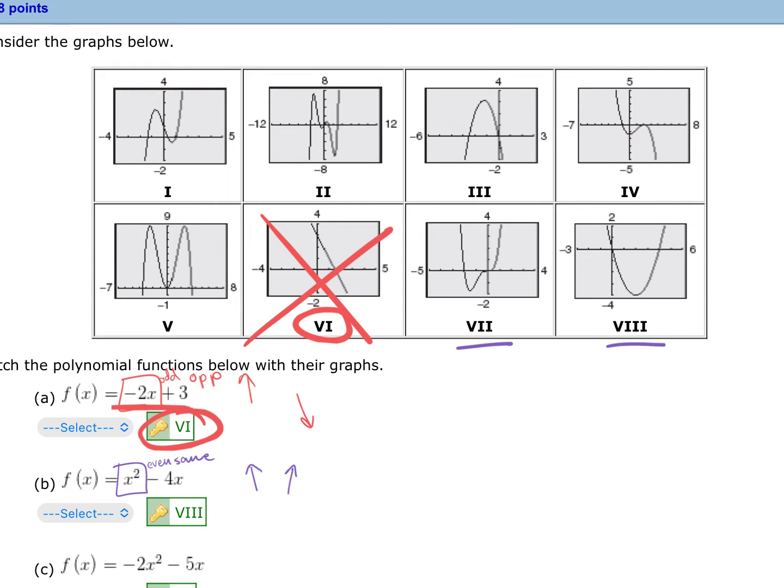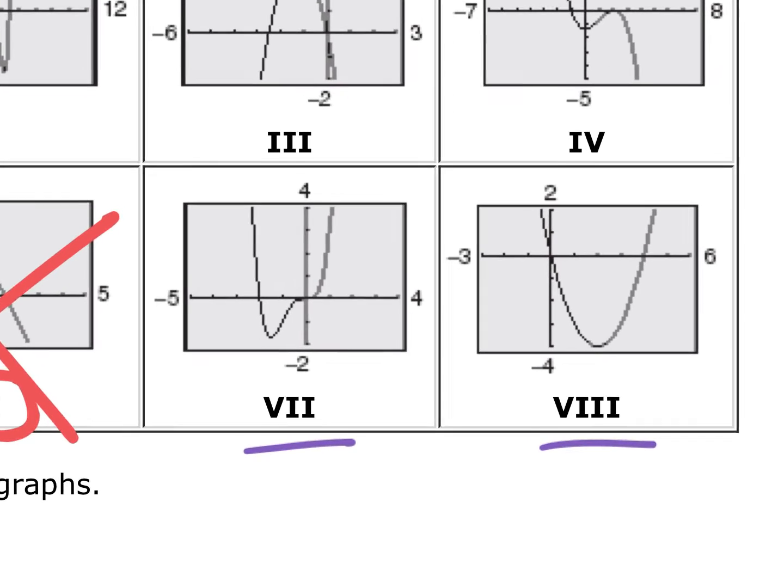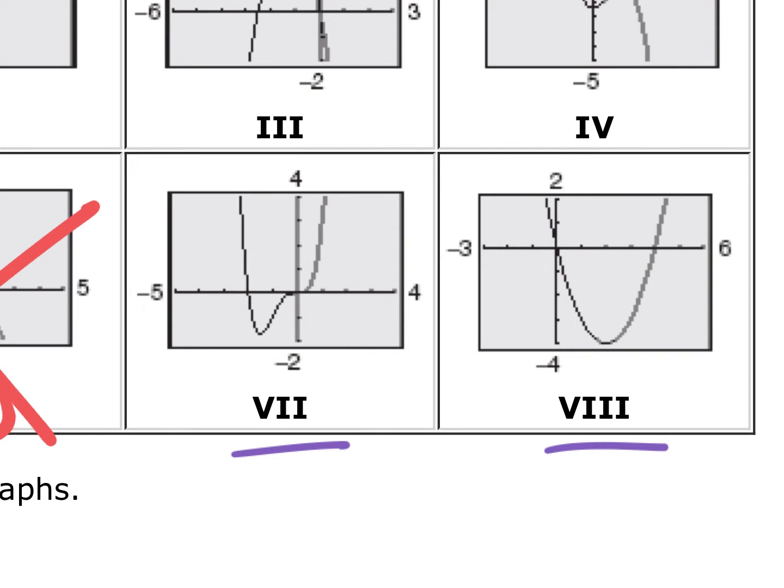Let's look at my graphs and see the difference between them. They both go through 0, 0. But 7 has a different x-intercept that kind of looks like 4. Right? Or no, this would be negative 5, so this is negative 2. Negative 2, 0. So if I plug in negative 2 into my equation, I should get 0. So let's see if that works.